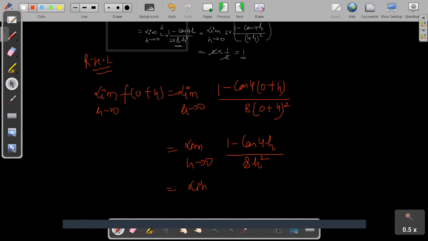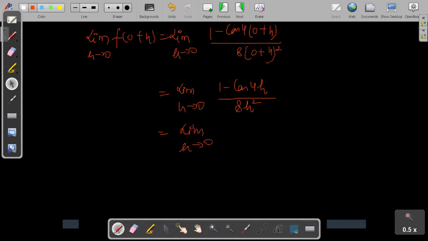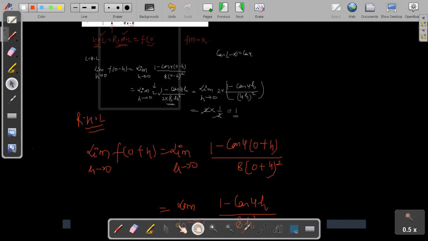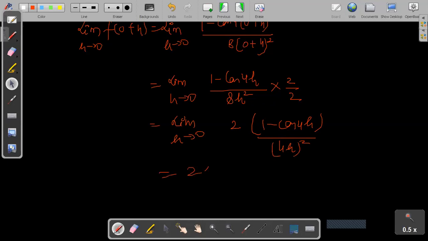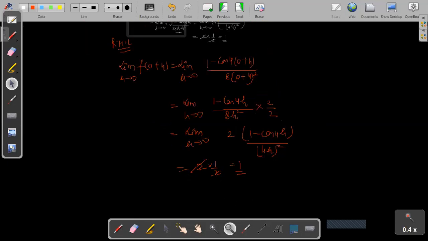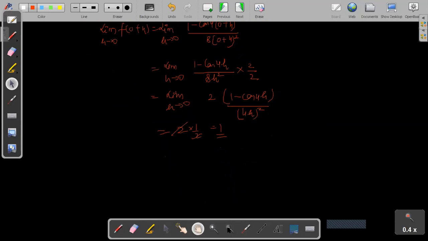That means limit h tends to 0 of 1 minus cos 4h, and the same thing which we did before, we have to do here. I'm multiplying this part with 2 and dividing with 2 as well. So this is 2 times of 1 minus cos 4h upon 4h whole square. This will give you 1 by 2. So this is 1.